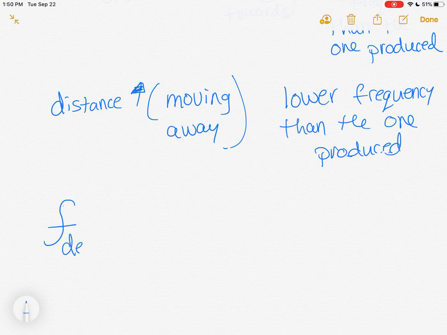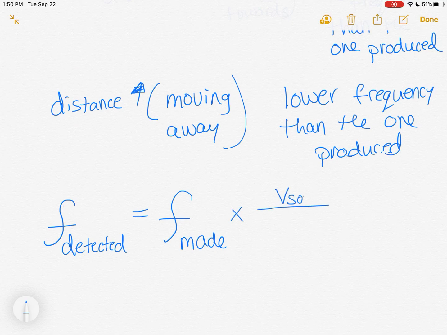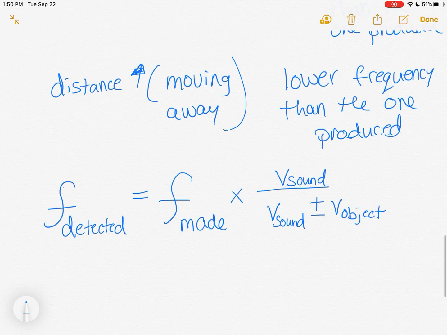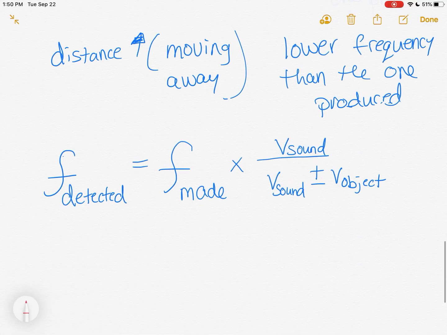So the frequency that is detected or heard is the frequency made or produced times the speed of sound over the speed of sound plus or minus the speed of your object. Okay, now the tricky part for this formula is really this section in here.